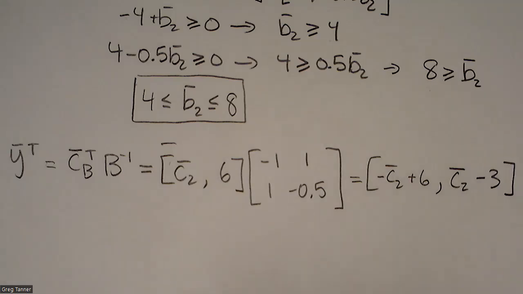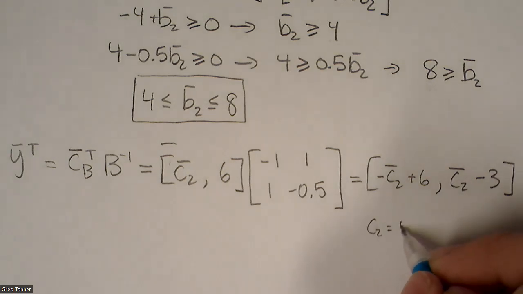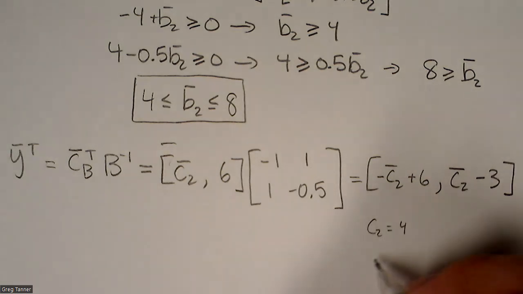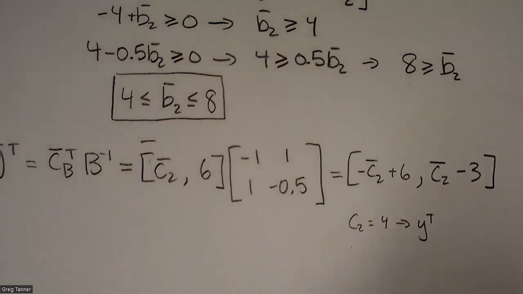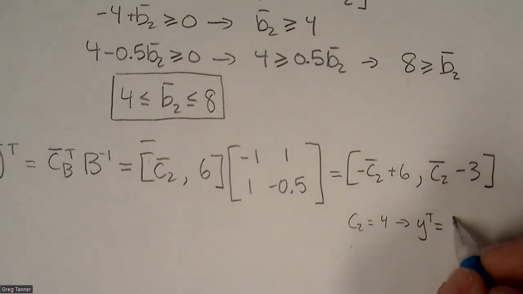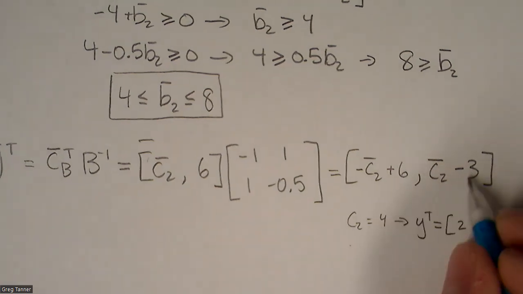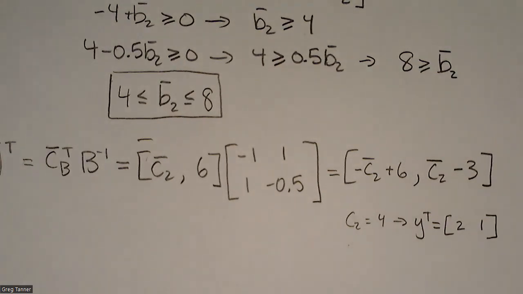Currently C2 is equal to 4, and if we plug 4 in there, the current dual variables are -4 plus 6 is 2, and 4 minus 3 is 1, so we get 2, 1.